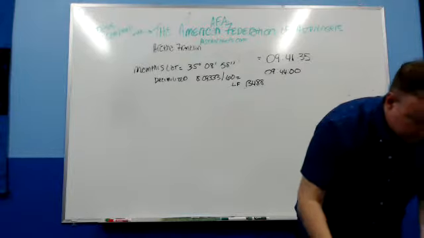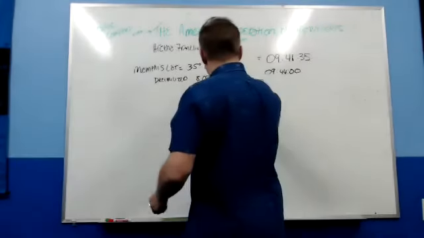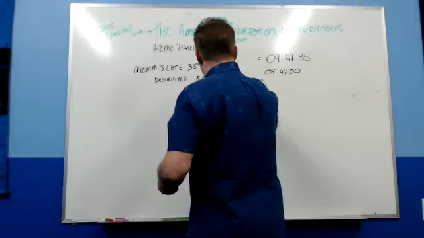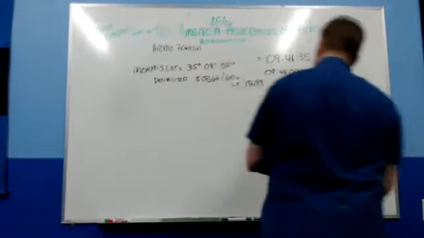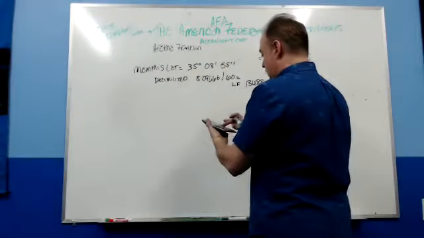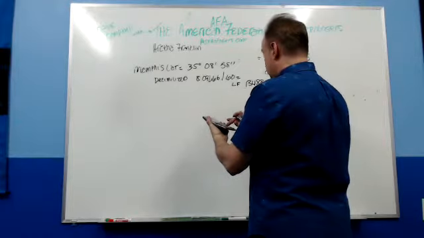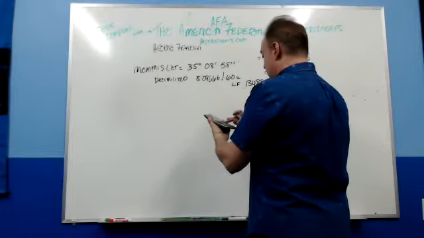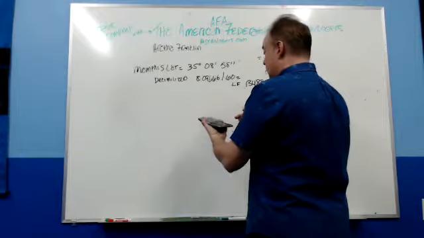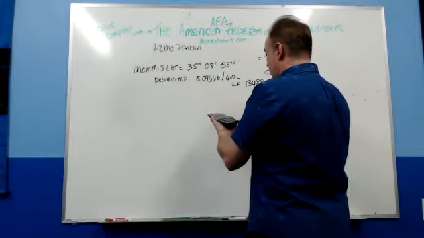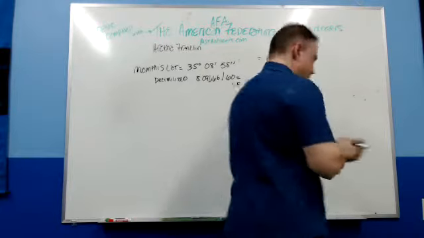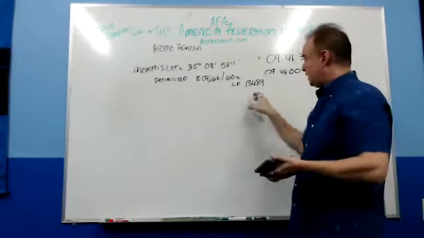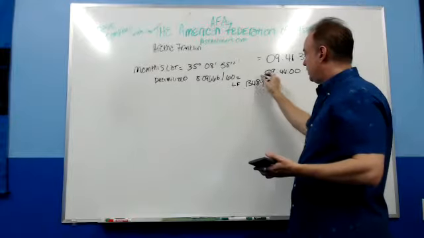Let me just double check that. Make sure this is correct. 8.9666 divided by 60 equals 0.13449. So it gives us a little bit different. Okay, so my LF factor is 1.3489.